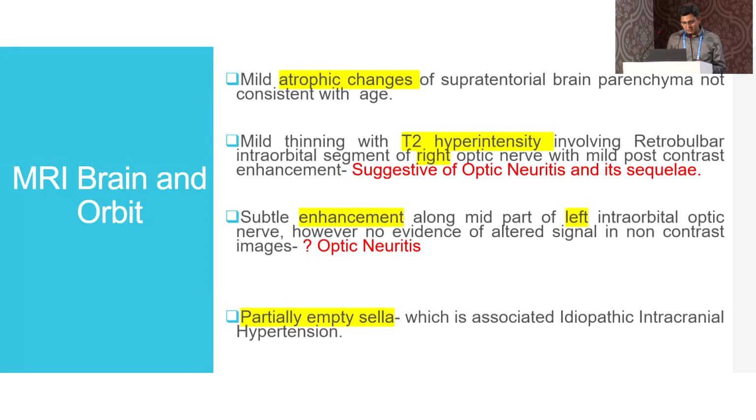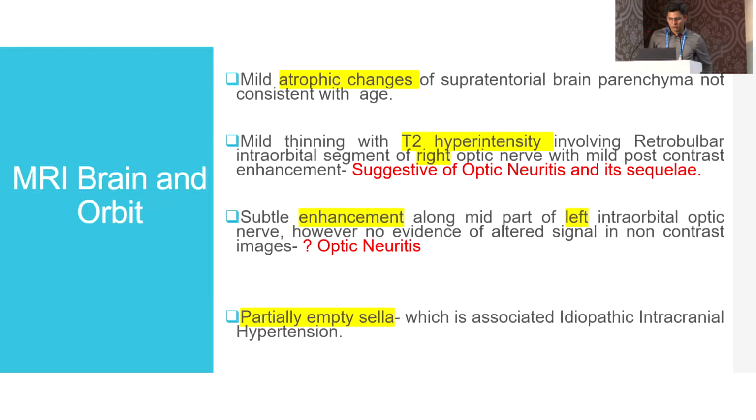We did her MRI brain and orbit, which revealed mild atrophic changes in the supratentorial brain parenchyma, which was not consistent with her age. There was hyperintensity on T2 image in the retrobulbar or intraorbital part of the right eye, and similar enhancement in the left eye, suggestive of optic neuritis. There was a finding of partially empty sella, which is associated with idiopathic intracranial hypertension.